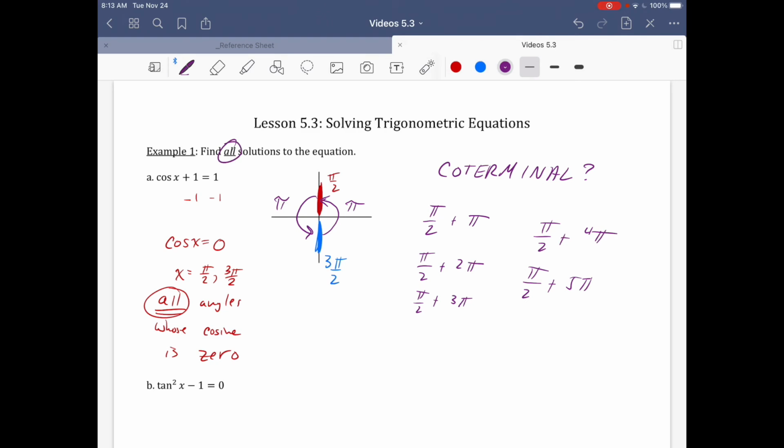So when we're talking about all solutions, we want to think x is pi over 2 plus 1 pi, 2 pi, 3 pi, 4 pi, 5 pi, 6 pi, any whole number pi, where n is an integer.